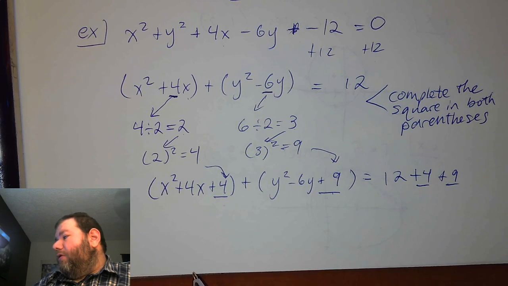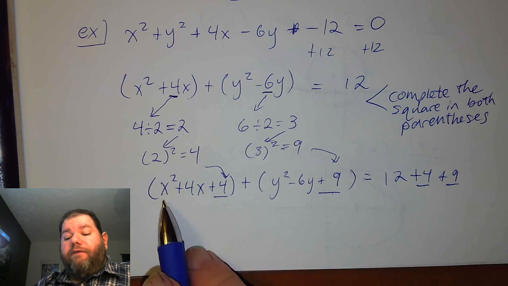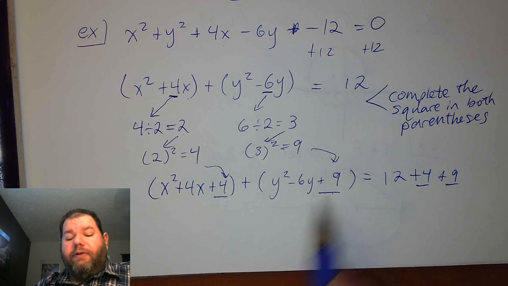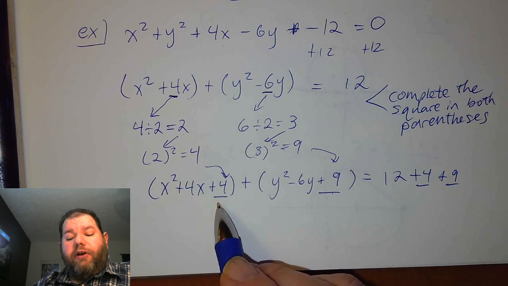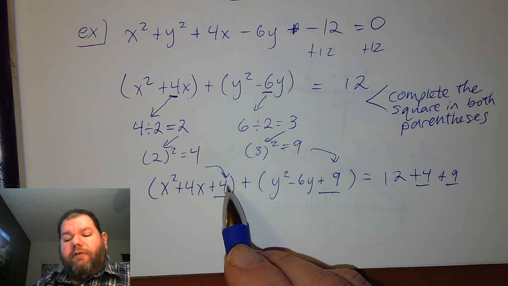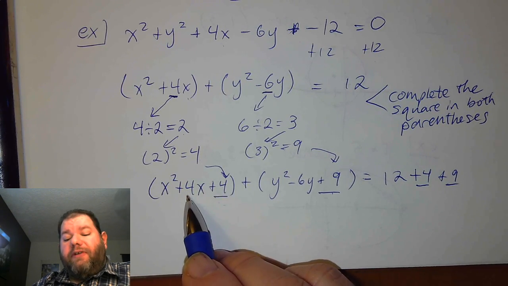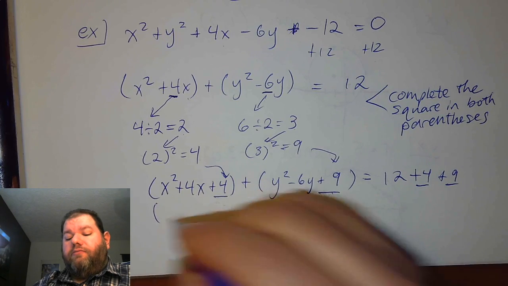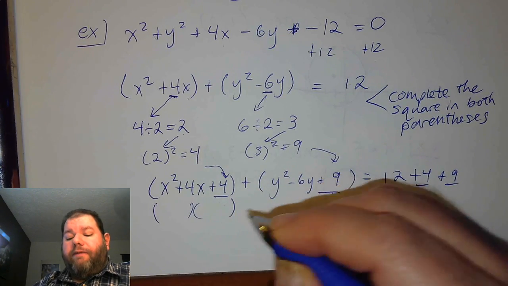Now, in our next step, we need to factor these trinomials. So we have x squared plus 4x plus 4. So we have two numbers that multiply to 4 and two numbers that add to 4. What would that factorization be?